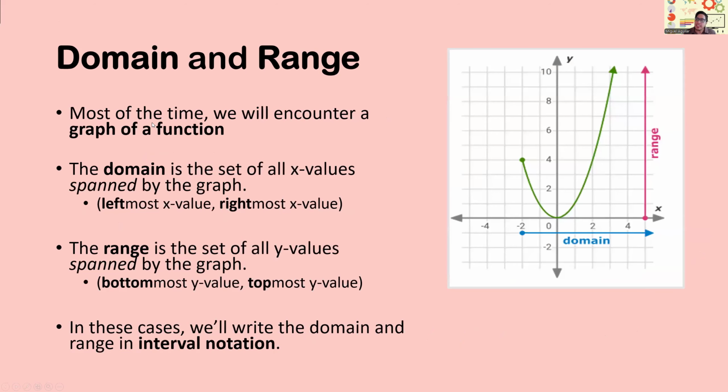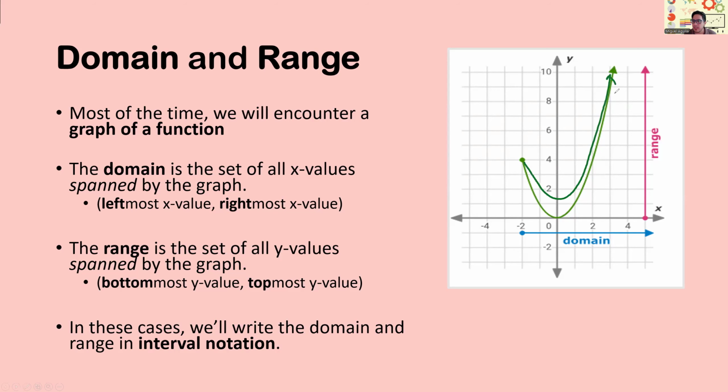All right. Things will get a little bit more complicated when we start seeing actual graphs of functions. Here, pay attention to the curved line that's colored green. That's going to be the function that we're talking about here, and we're trying to describe all of the values that are spanned by this green line.